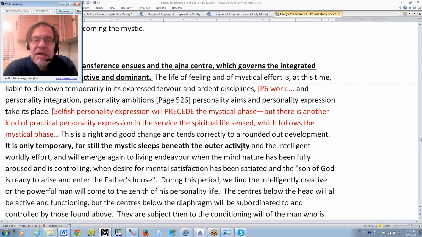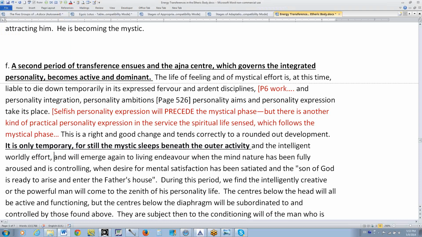So it sleeps beneath the outer activity and the intelligent worldly effort, and the solar angel has somehow to try to balance these incarnations and give different astrological substances which will promote the balancing process, and different rays within the personality which will promote the balancing process, and will emerge again to living endeavor when the mind nature has been fully aroused and is controlling.